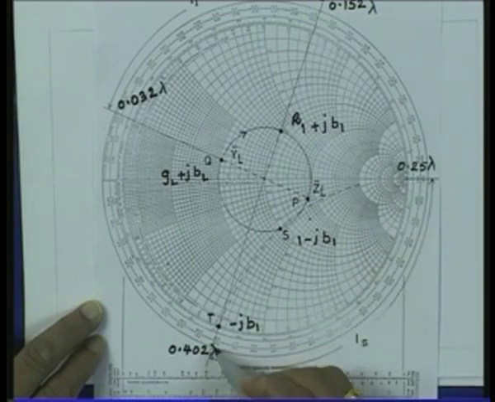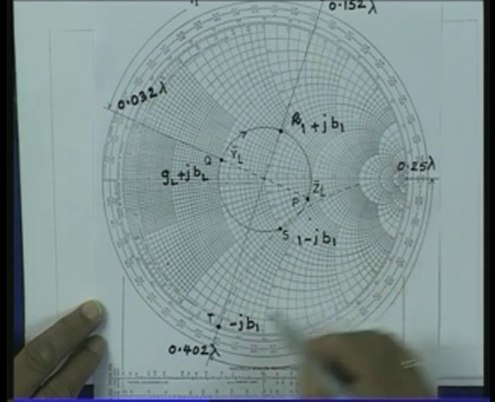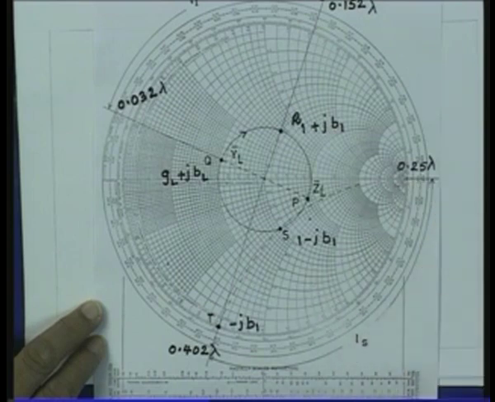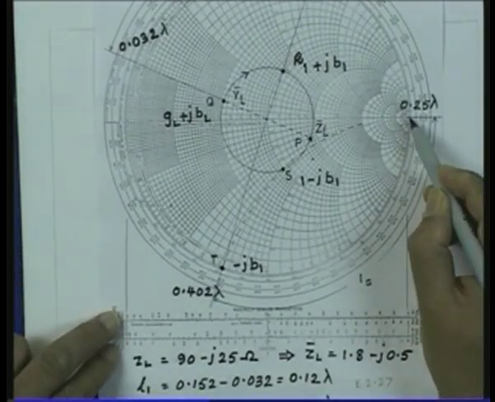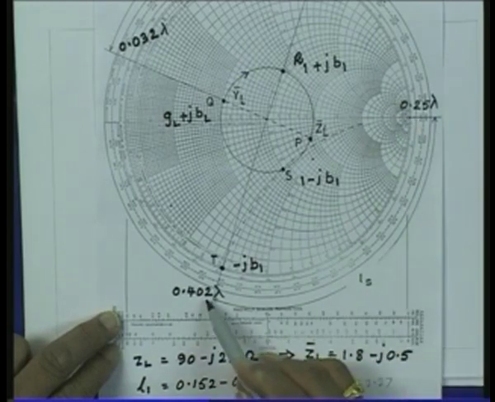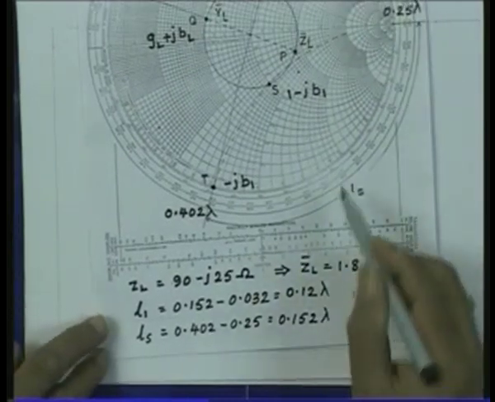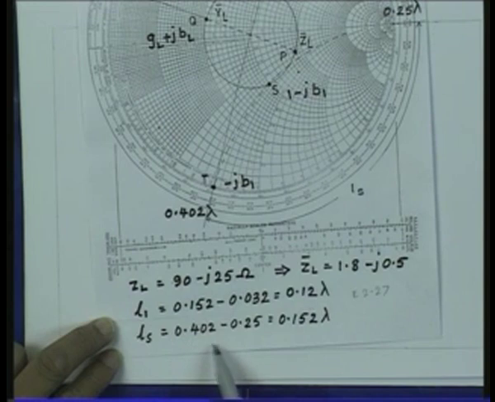I move in the anti-clockwise direction till I reach the rightmost point on the Smith chart. Again I can read the lengths. This point corresponds to 0.25 lambda, and this is 0.402 lambda. So, the difference of these two gives me the length of the stub, and that is 0.402 minus 0.25, equal to 0.152 lambda.